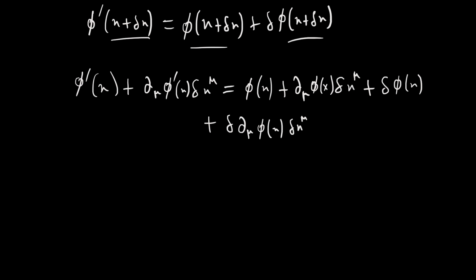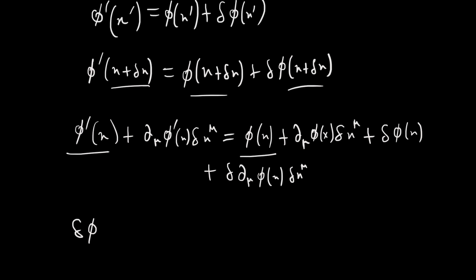Then we can write this phi prime of x and this phi prime of x as delta phi, and that delta phi will go away.